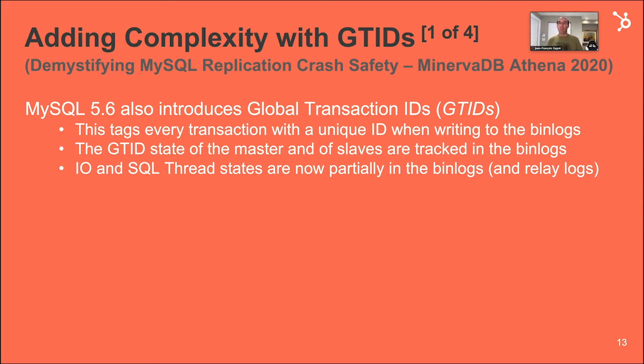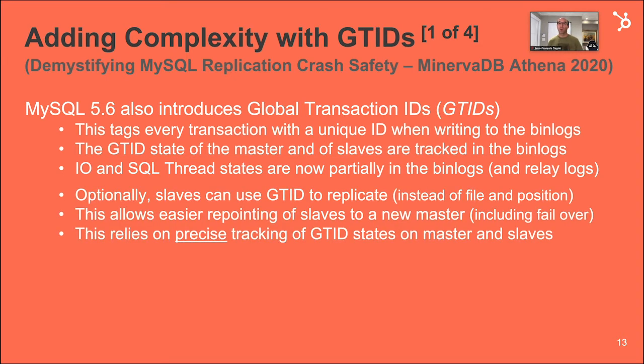That also means that in 5.6, you need log slave updates on slaves to use GTID. Optionally with GTID you don't have to do that, but I advise you to do this if you use GTIDs to replicate instead of file and position.